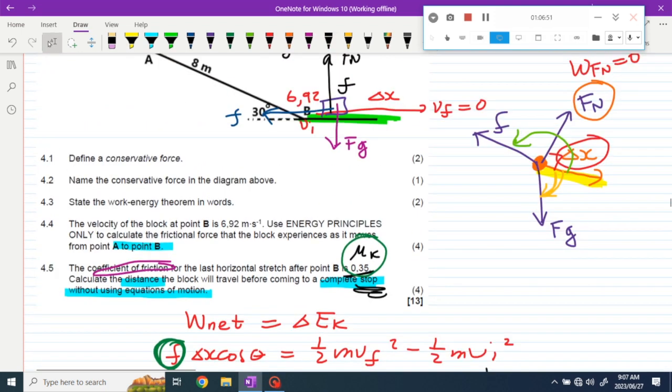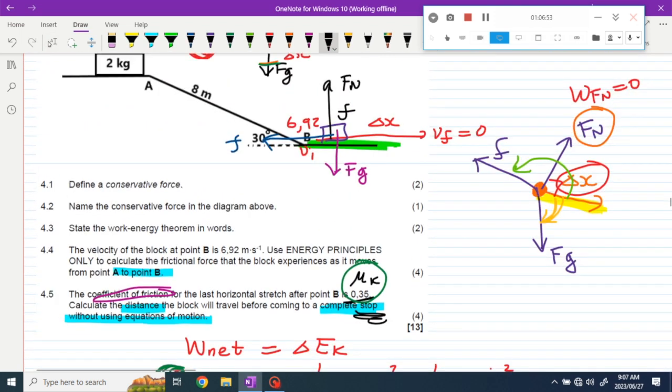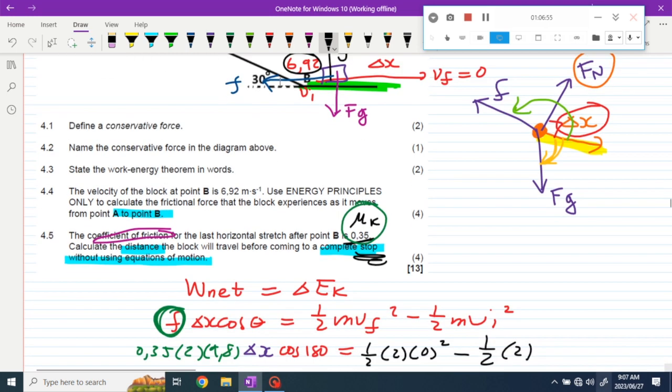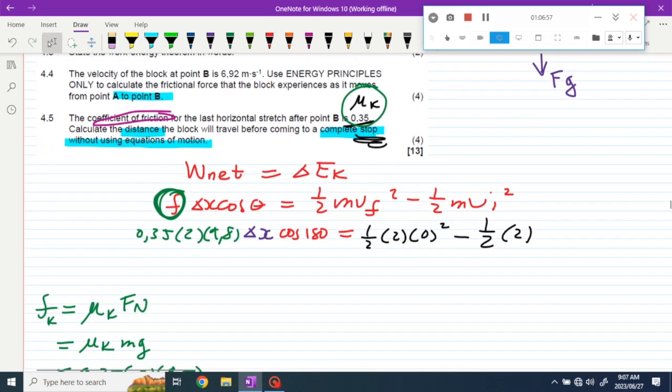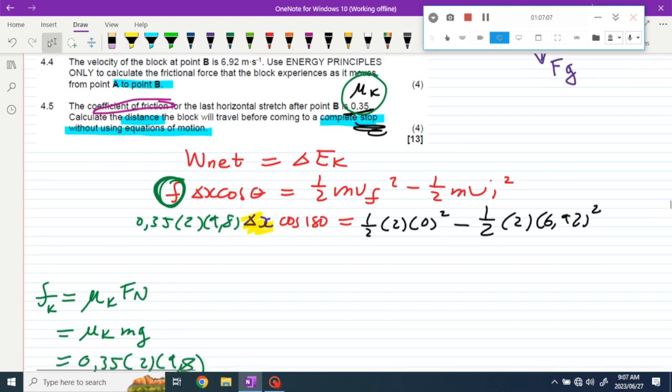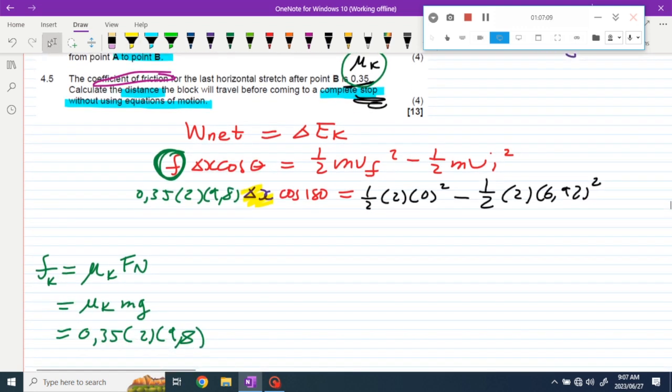Initial velocity, we said, is what happened at the end of the previous series, 6.92. So we put in 6.92 squared, and all that we now need to do is solve for this displacement. And when you solve, you should get an answer equal to 6.98 meters.